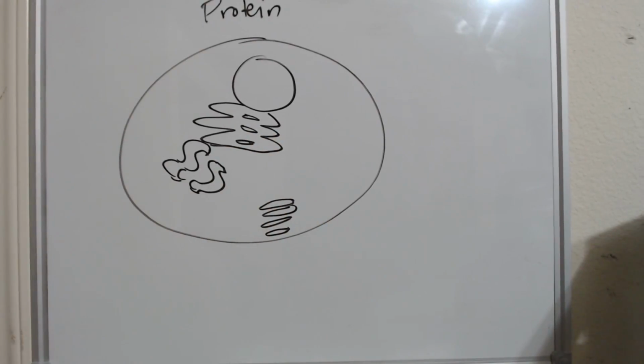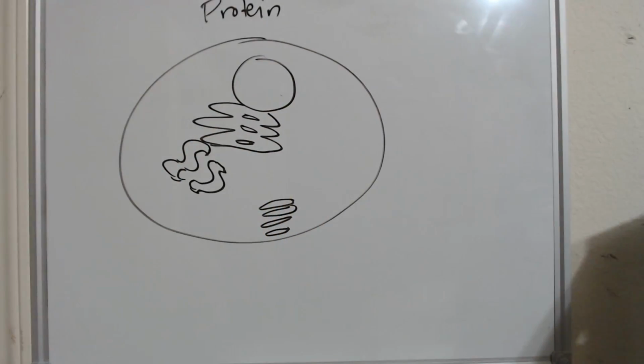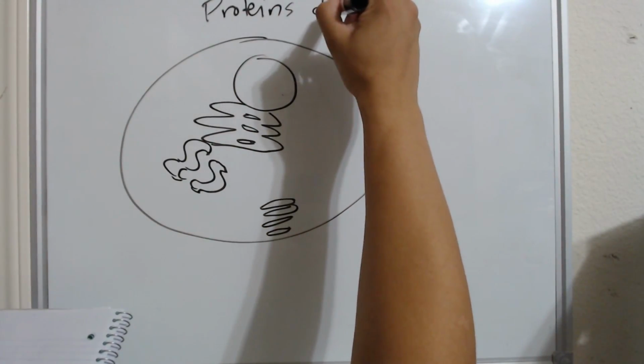Let's say there is an RNA sequence that comes from the nucleus that's translated there, and it's meant to go to the rough endoplasmic reticulum, or they're actually destined for secretion.